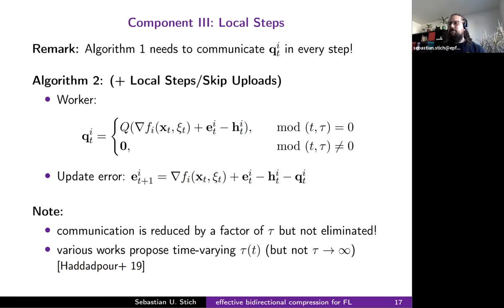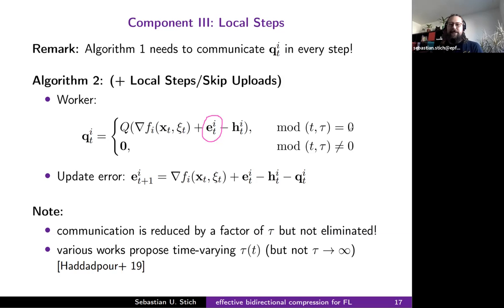So, one idea is the following. Every worker has locally this error variable where we accumulate the errors that we are making. And basically we can just look at this vector and the worker can decide by itself: is the error high or low? If the norm of this vector is large, then the worker should realize, oh, I'm in trouble, that's not good.